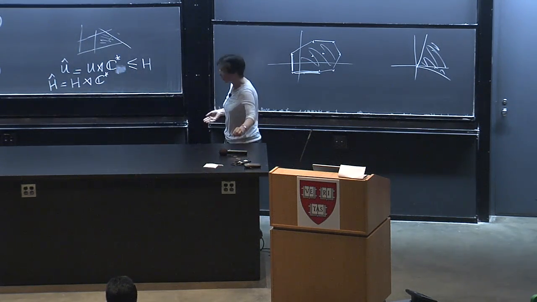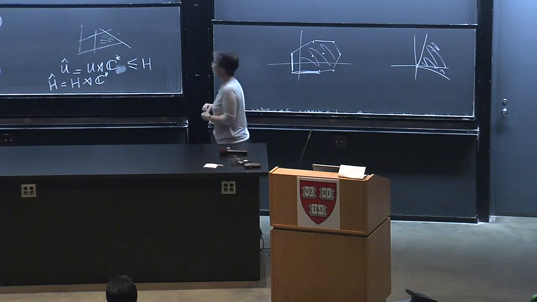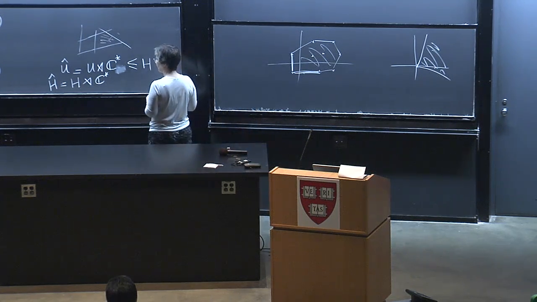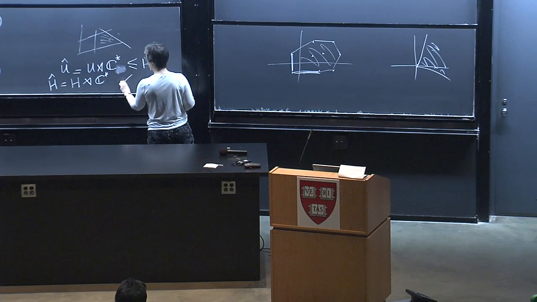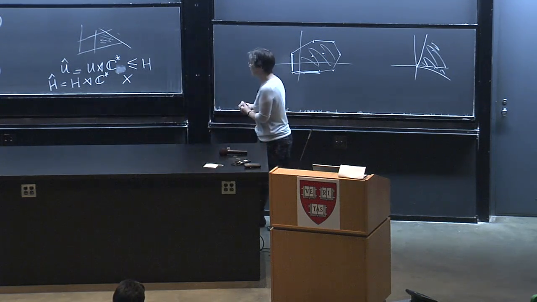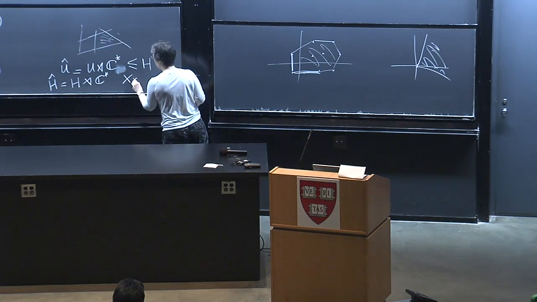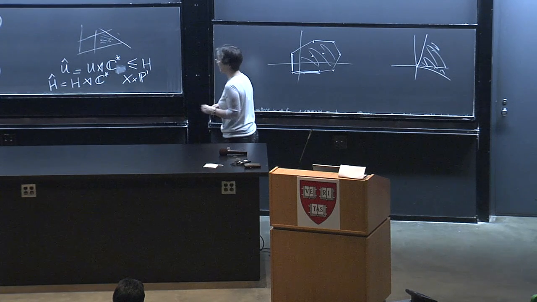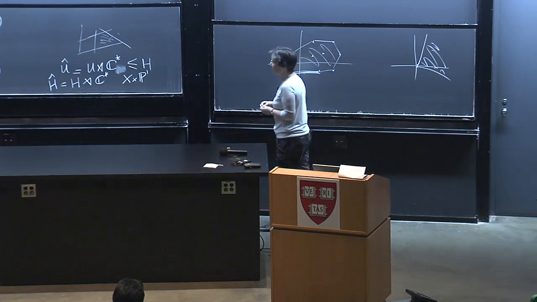So in that situation, one thing you can do is, suppose I've got my action on X. Then I can look at the product of X cross, say, P1.